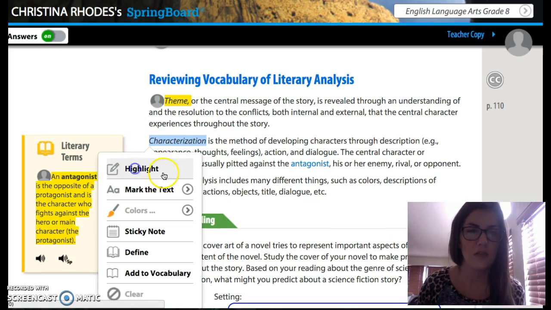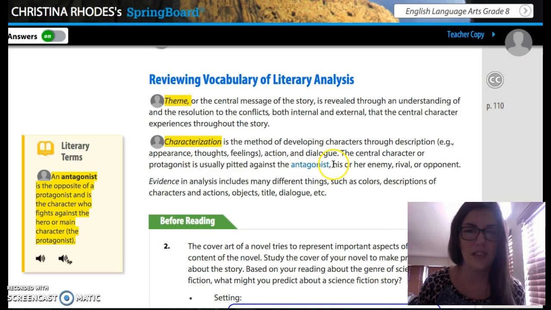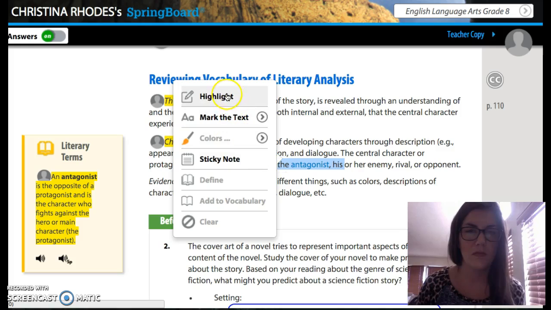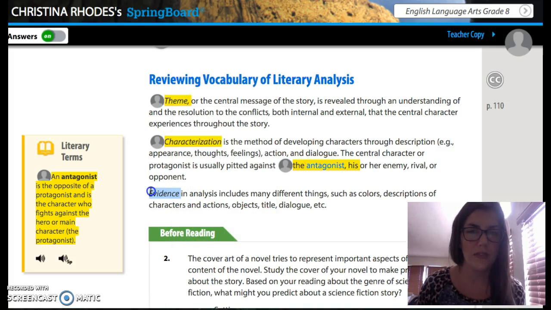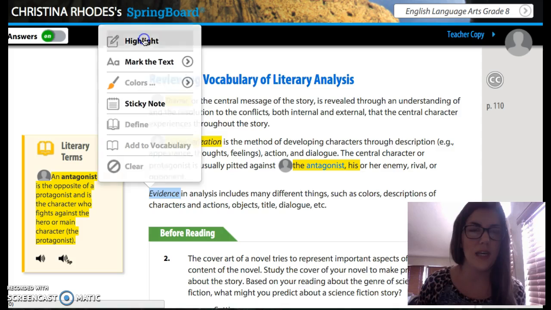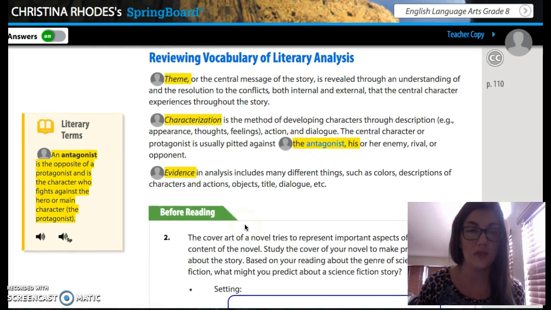Characterization, antagonist, and evidence. You're using evidence to pull out as you read. So please read the definition of theme to your shoulder partner, then read characterization to your shoulder partner, and, obviously, talk about what an antagonist is, and then read evidence to your shoulder partner.